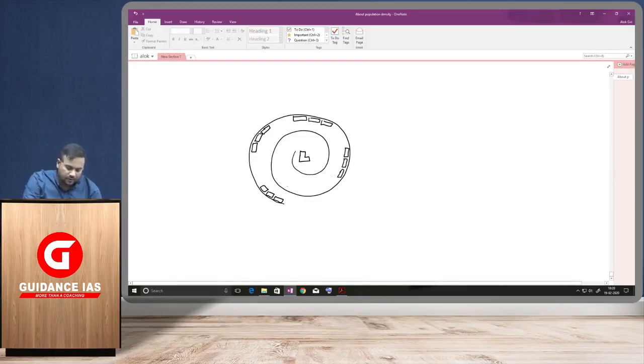But as you near towards the center, you will find a bigger, more compact settlement would exist. So such type of pattern is a nebular pattern.